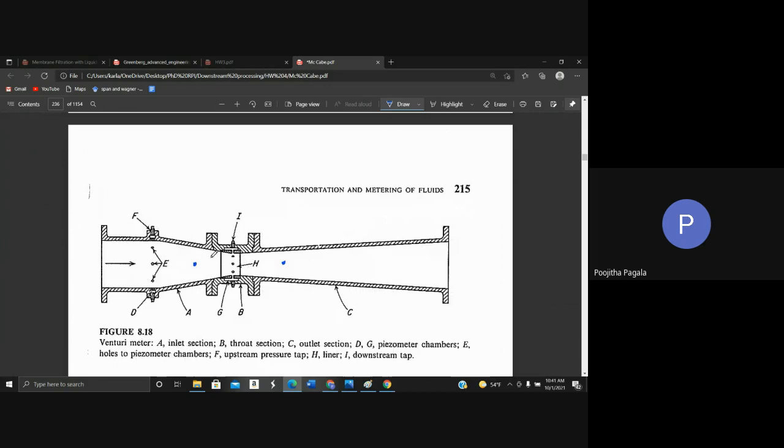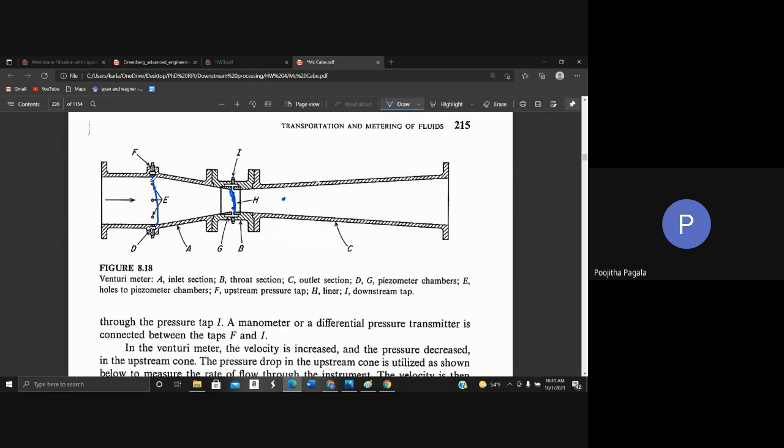So in this case, we are going to be doing an energy balance from this point up to this point at the constriction. This is one plane and this is another plane. These are the two planes which we'll be using to write an energy balance.